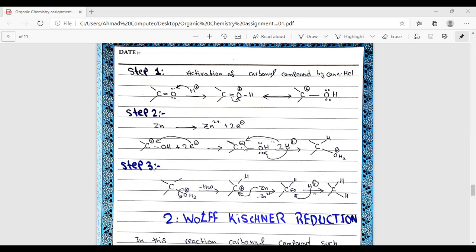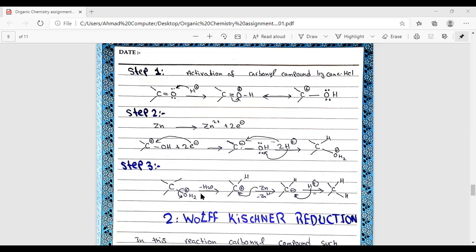In this structure, we get a carbanion. These two ions provide ions to OH and to the carbanion, and we form this structure.